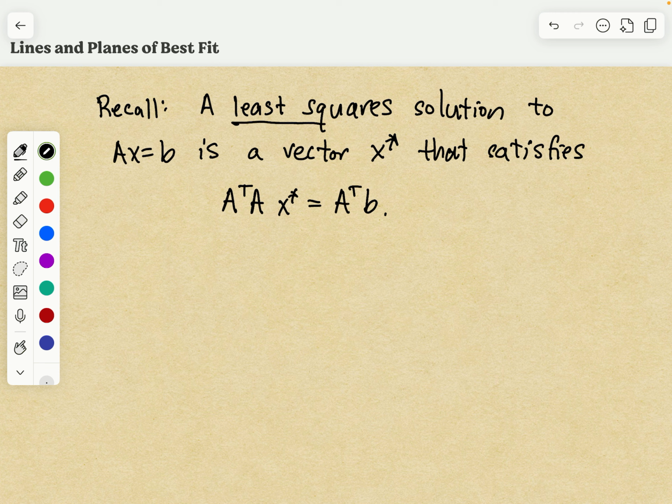That's what a least squares solution to Ax equals b is. That is, a vector x star that's not necessarily a solution to Ax equals b, but it's a vector such that Ax star is as close to b as it can get.